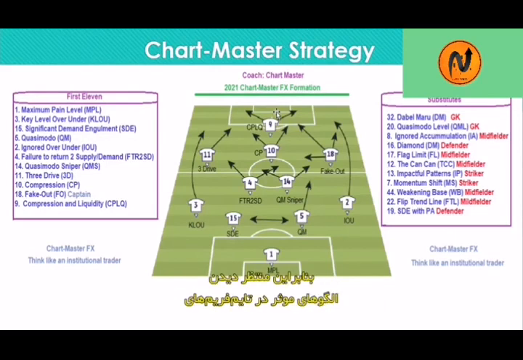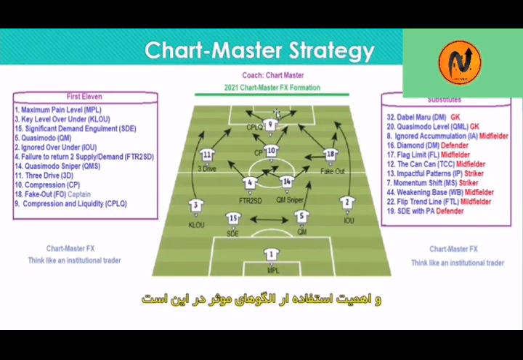What you do is wait for an impactful pattern, either on M30 or M15 or M5 or M1, so that you can reduce your risk. So this is the significance of using impactful patterns. They help you to lower your risk. So yeah, guys, that's it on the impactful pattern.